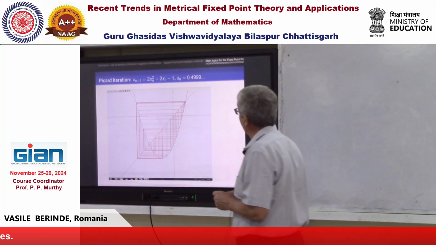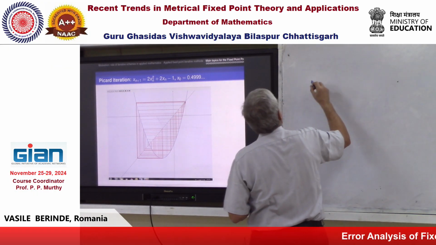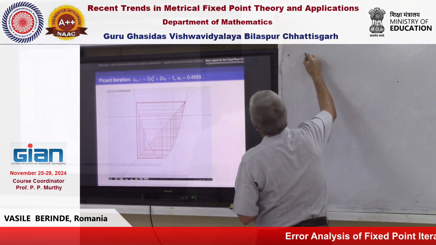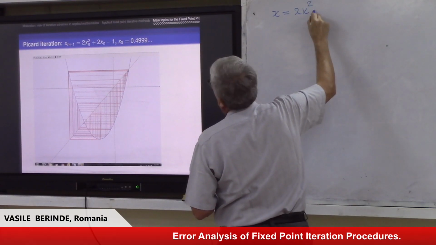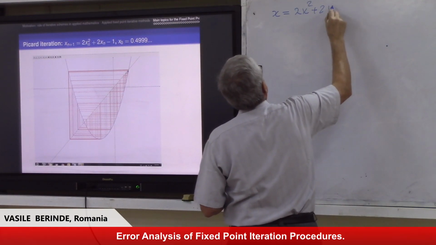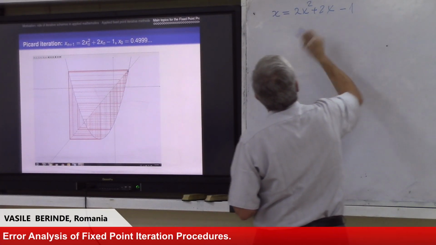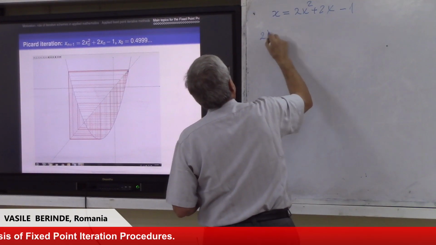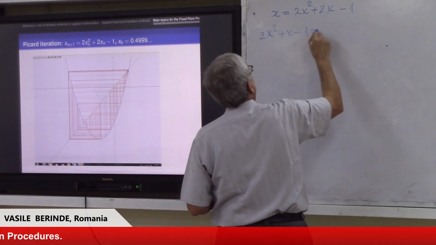What does it mean? The fixed points here we can see. The fixed point problem is x equals 2x² plus 2x minus 1. So this means the equation 2x² plus x minus 1 equals 0.